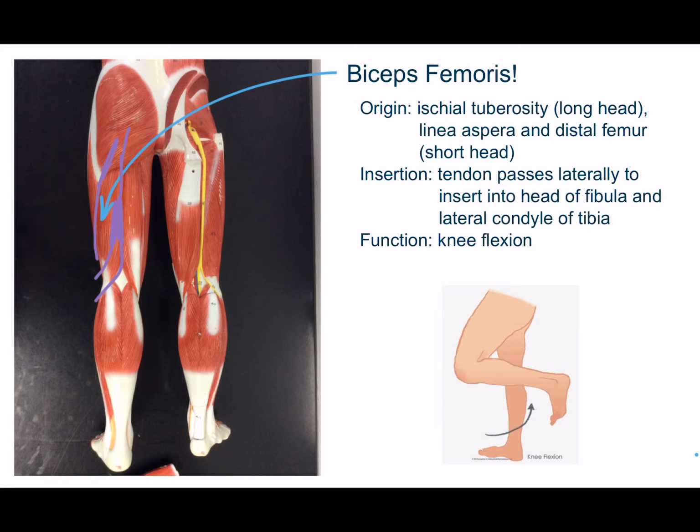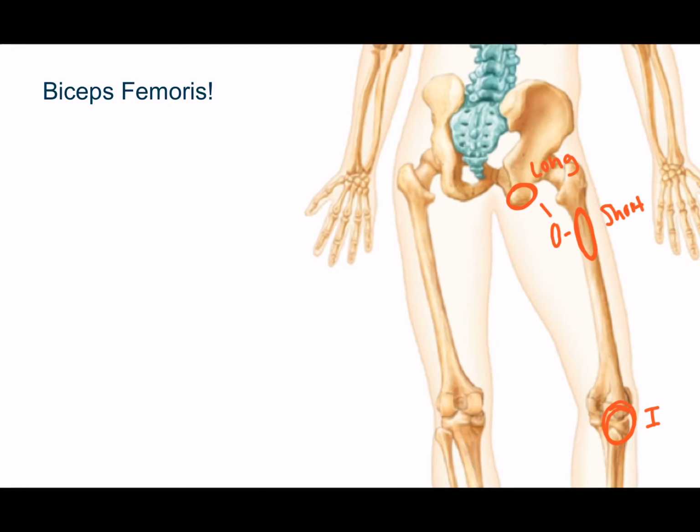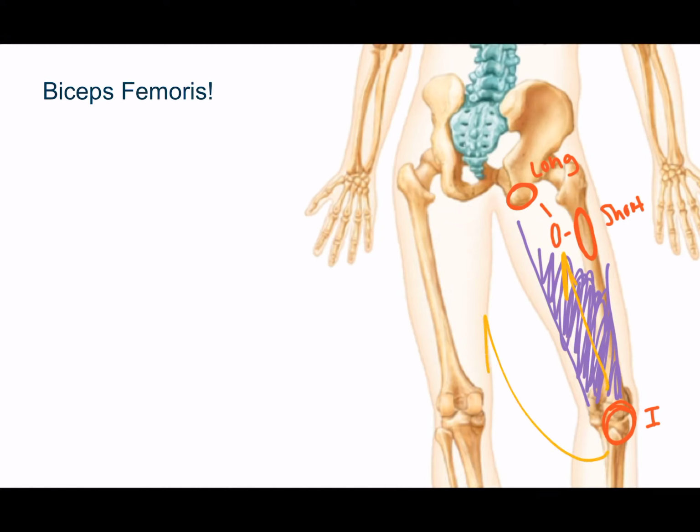It inserts by a tendon passing laterally to insert into the head of the fibula and lateral condyle of the tibia. So its function is knee flexion, which makes total sense if you think about this. If this is your muscle, when it contracts, it's going to pull up and pull your leg back. Your leg's going to go back.